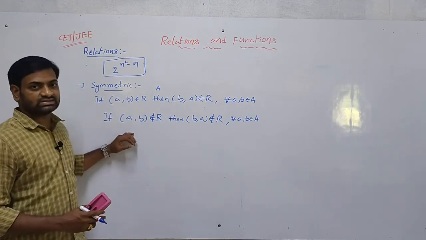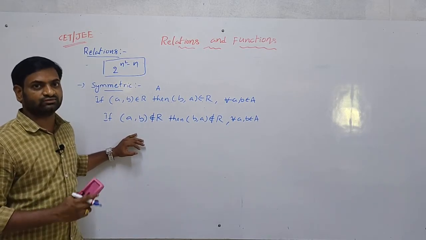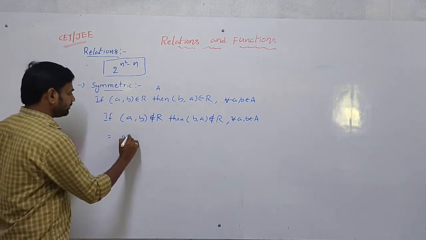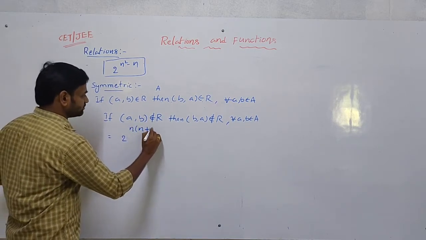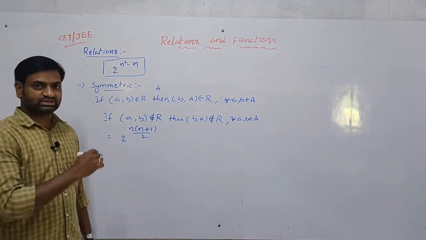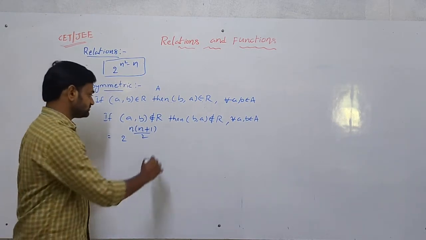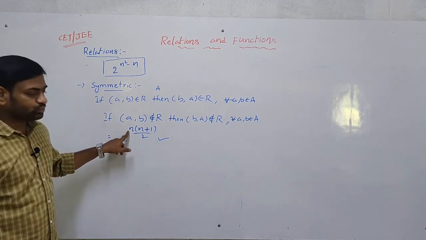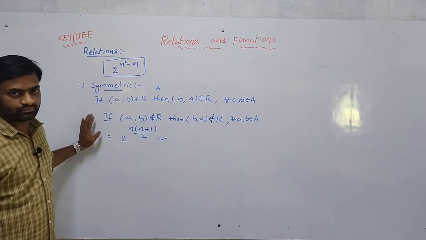Now, how many symmetric relations can you form? That is 2 power n into (n plus 1) by 2. Number of symmetric relations is 2 power n into (n plus 1) by 2.